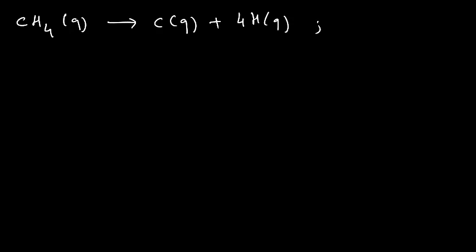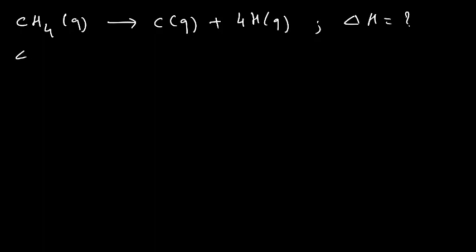Now let us take an example. CH4 gas gives C gas plus 4H gas. Delta H equal to how much? That means delta H for the CH bond. So this we can find directly from enthalpies of formation of these substances by using Hess law.